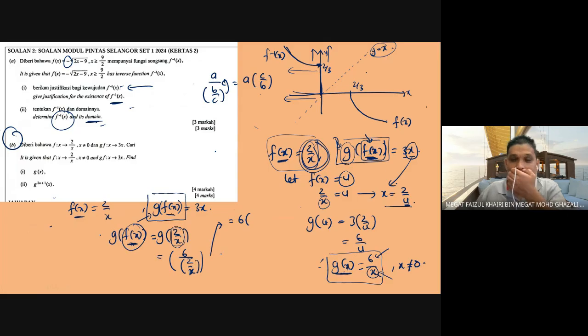So 6 divided by 2 equal to 3, so the answer is 3x. Okay. Get it? Yeah. Right.